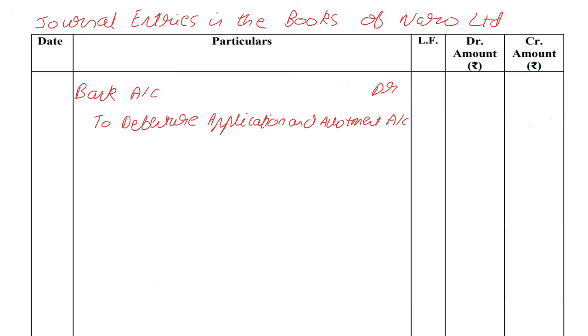Okay, so if I had to do 50,000 into 105, I think we are going to end up with 52 lakh 50,000. But please do the calculations yourself. So this journal entry is the same as the last sub question.